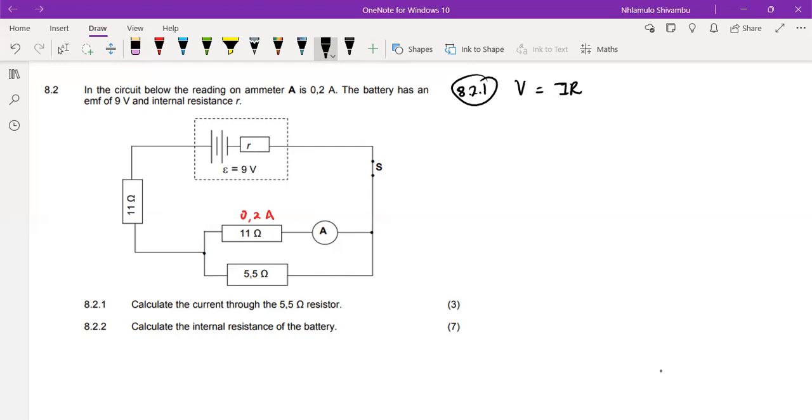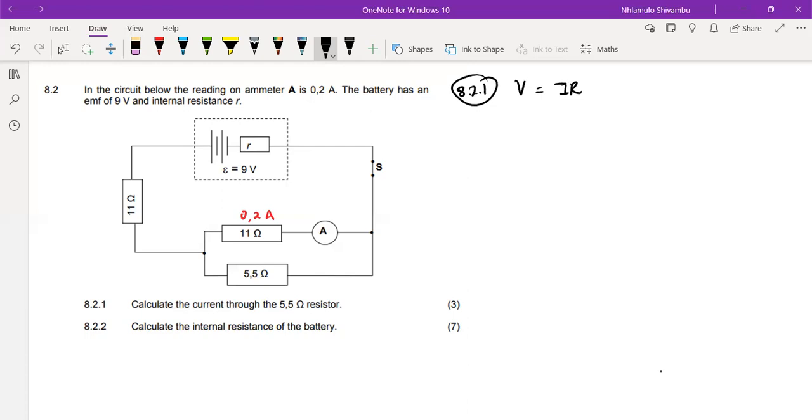What we see is that the 11 ohm resistor and the 5.5 ohm resistor are connected in parallel. Therefore, the potential difference across the 11 ohm resistor and across the 5.5 ohm resistor will be equal, because remember, voltage is the same in parallel.